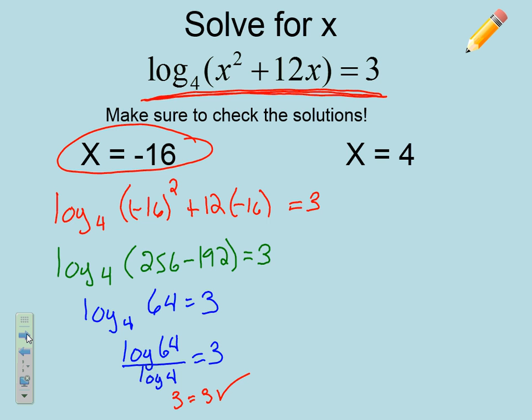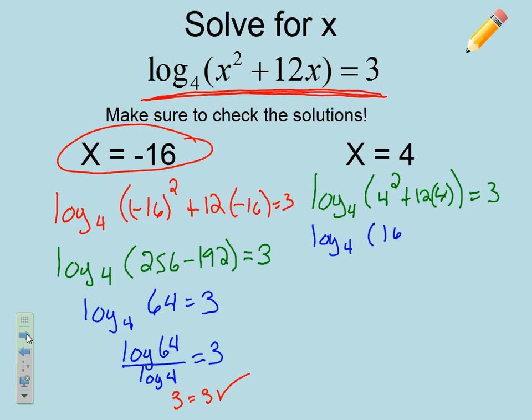Now I'm going to do the exact same thing over here for 4. So I'm going to plug it into my same equation. I have log base 4 of 4 squared plus 12 times 4 equals 3. So log base 4 of 16 plus 48 equals 3.